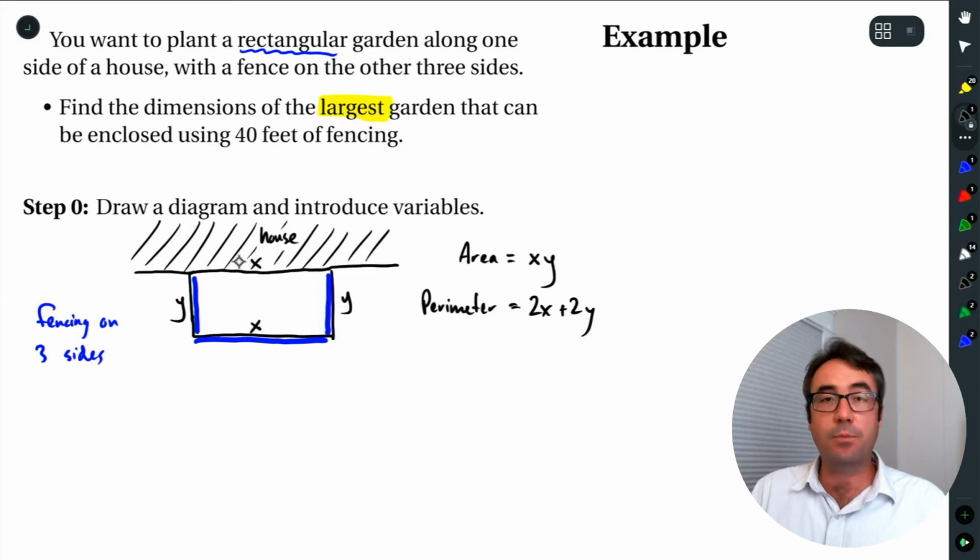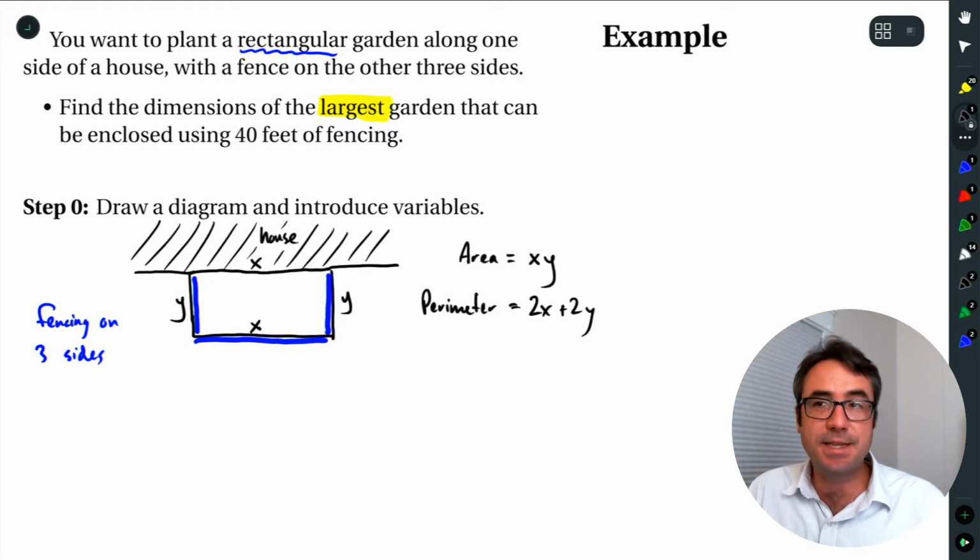Now, for our problem, if we read this over, we want to find the dimensions of the largest garden that can be enclosed using 40 feet of fencing. If we're fencing in those three sides, those are the only three sides we're worried about.